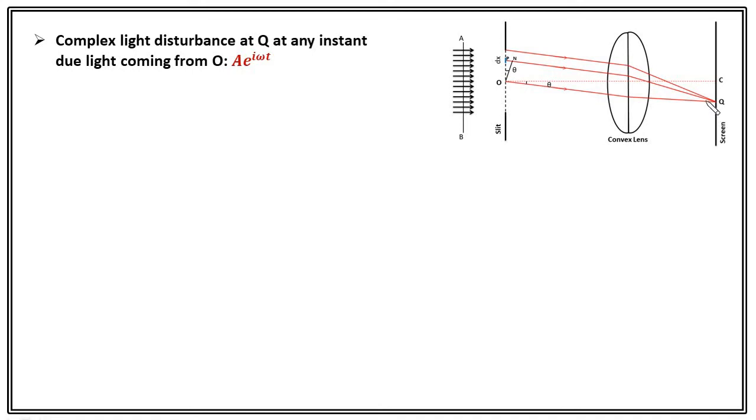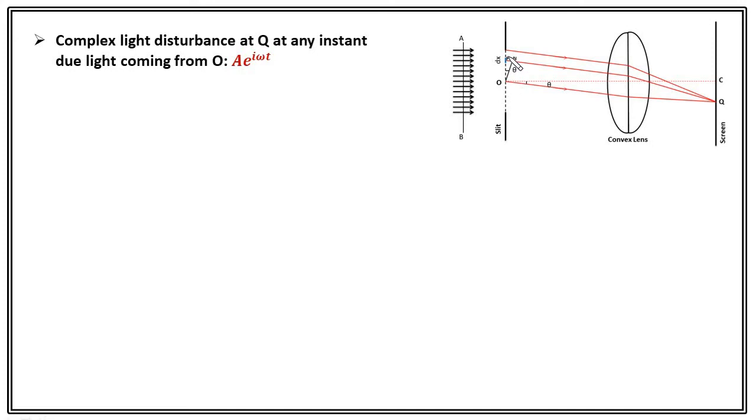Therefore the complex light disturbance at point Q will be A e to the power i omega t. We can absorb that constant, e to the power minus i kx, which is also a constant because x is fixed here, into the constant A. So the complex light disturbance at point Q at any instant due to light coming from O will be A e to the power i omega t.